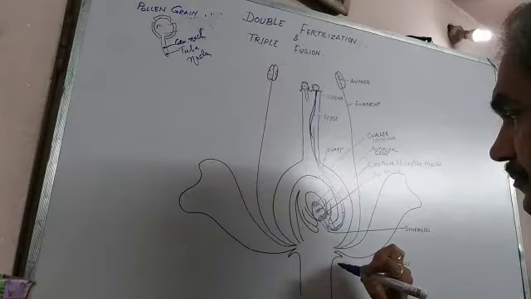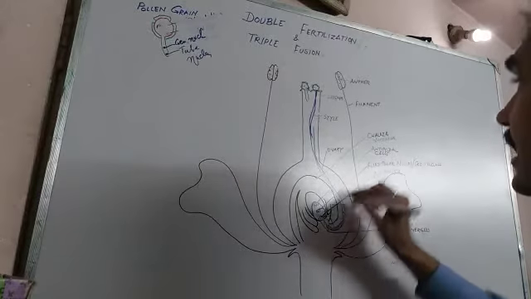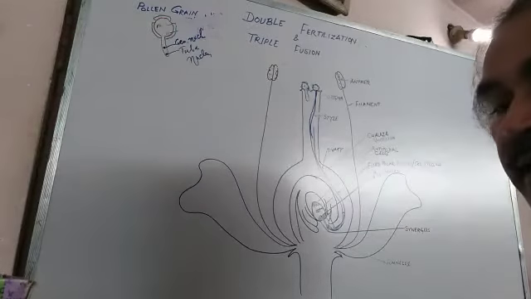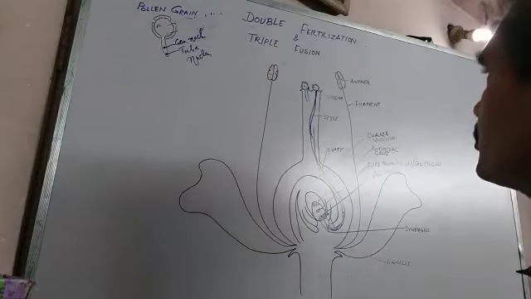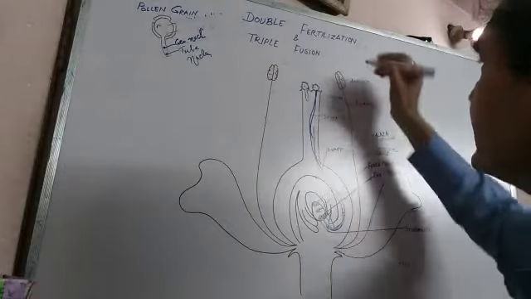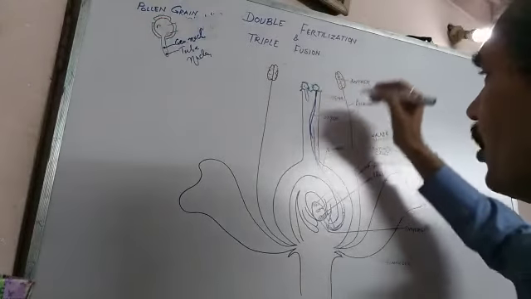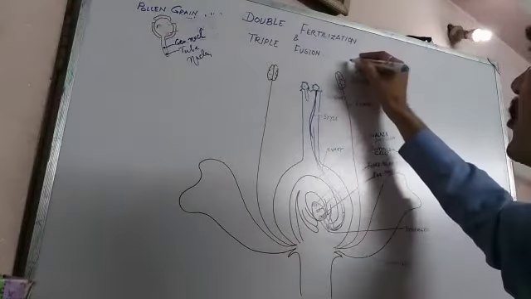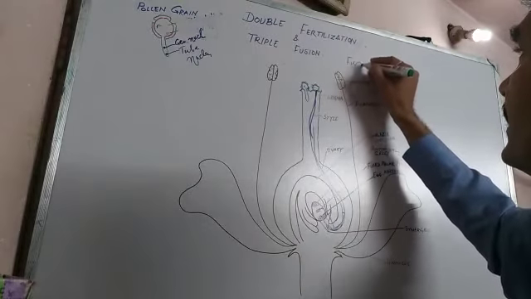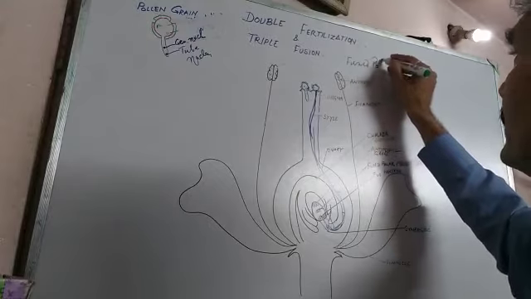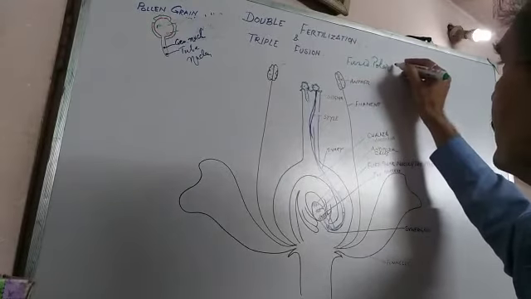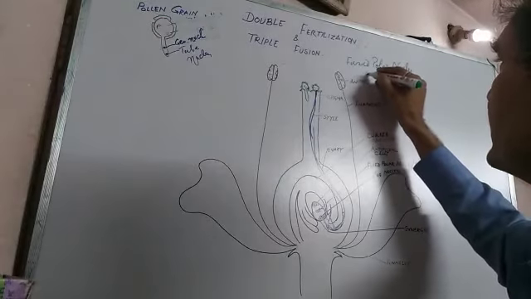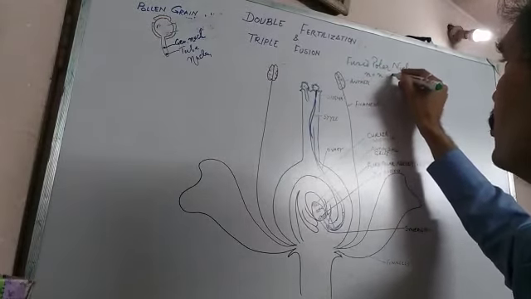Since it is the fused polar nuclei, where each cell is haploid, altogether this fused polar nuclei is a diploid cell. This is diploid in nature, n plus n equal to 2n.